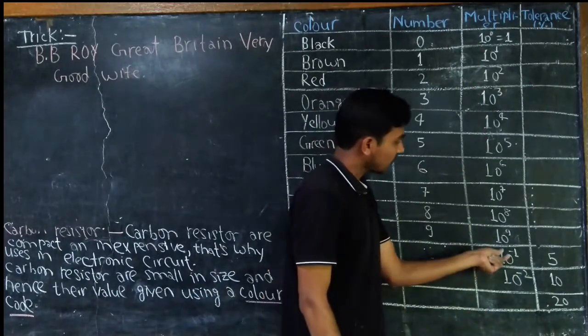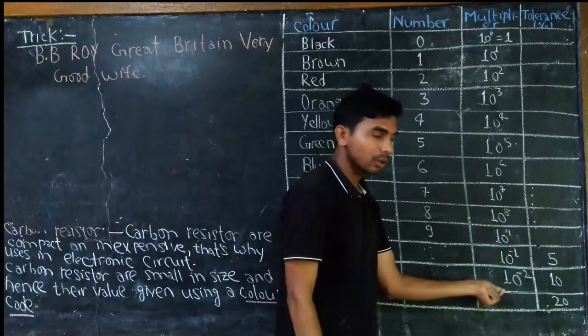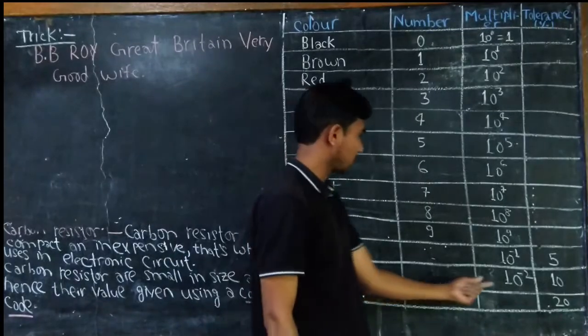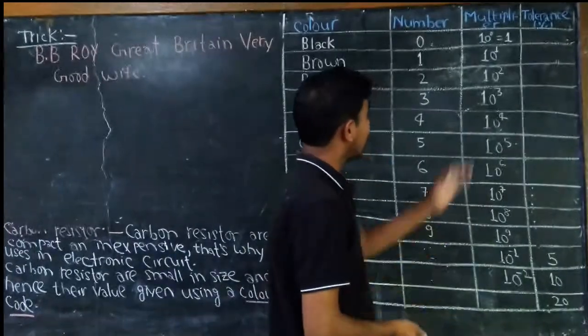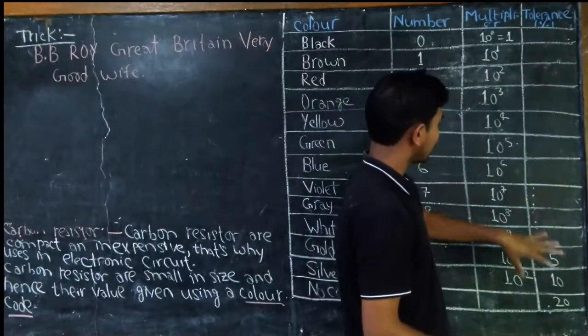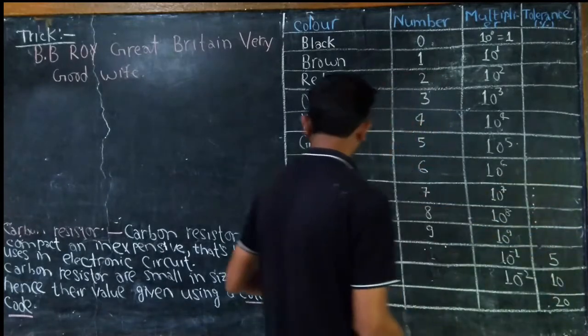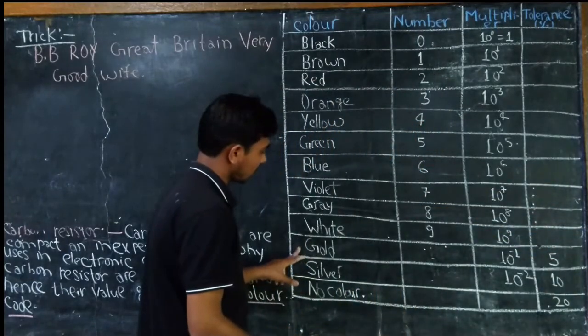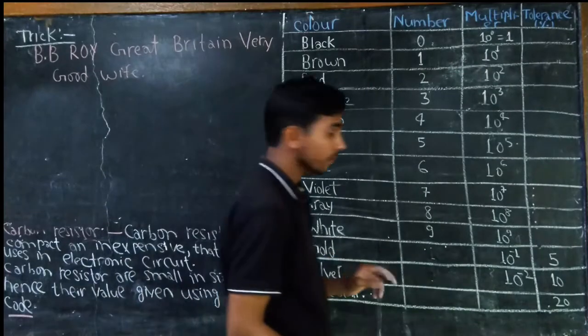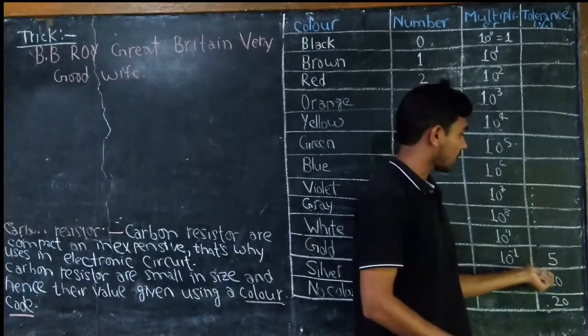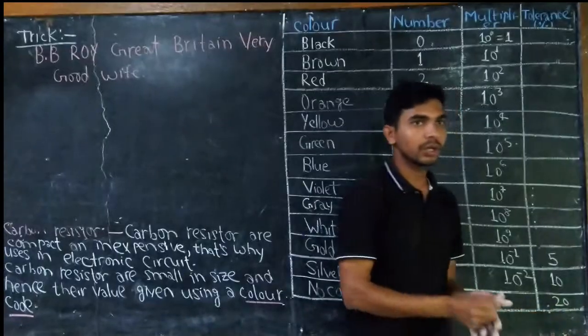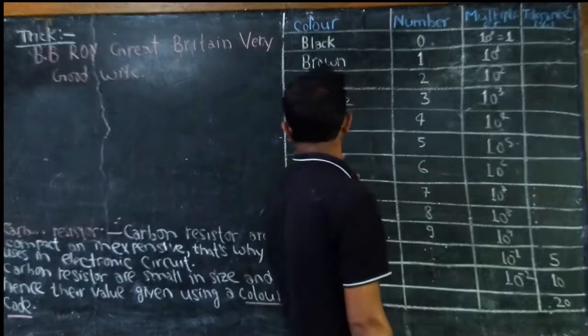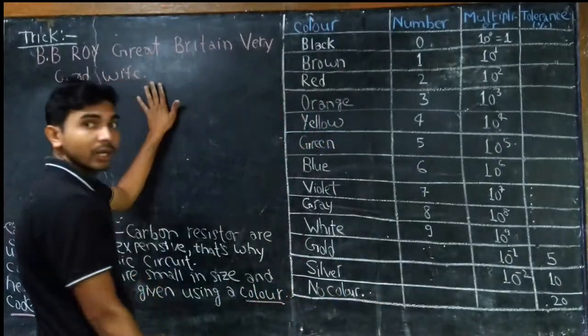After that you have to go for negative powers, only for 2. And then the last one is tolerance. For tolerance we are using only 3 colors: gold, silver, and no color. For these you have to remember 5, 10, 20. With the help of this you are able to remember the table.